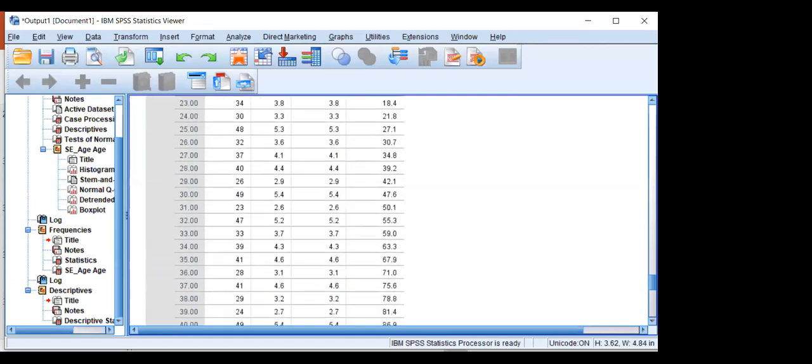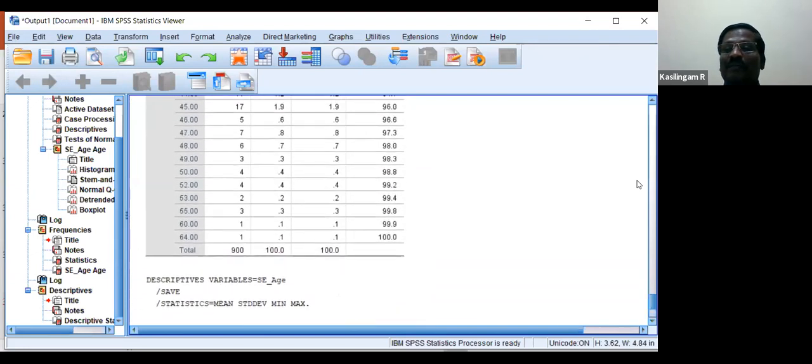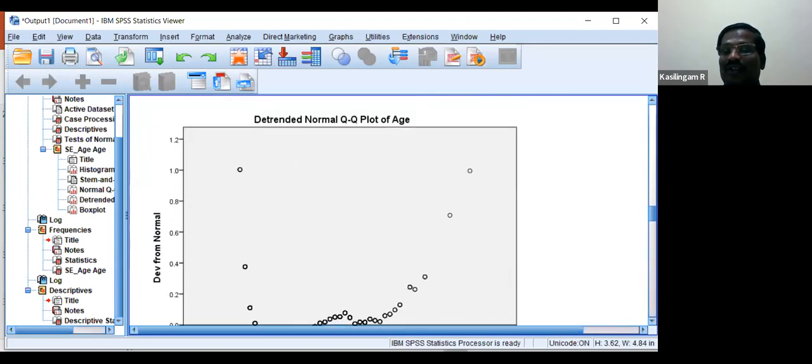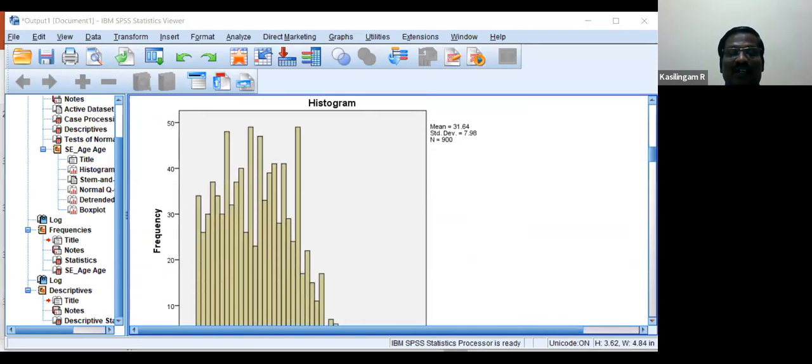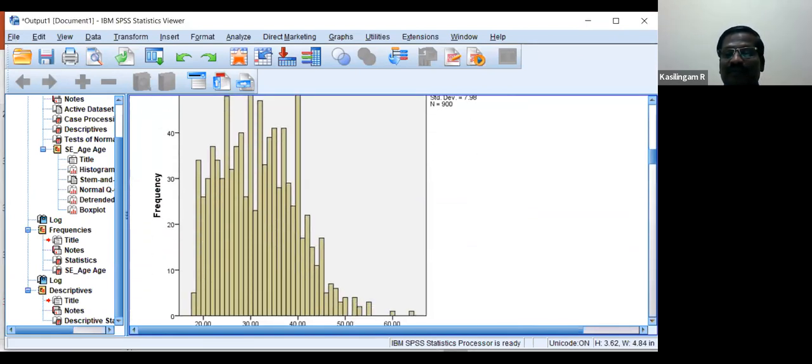Now look at the histogram. How to infer from it?